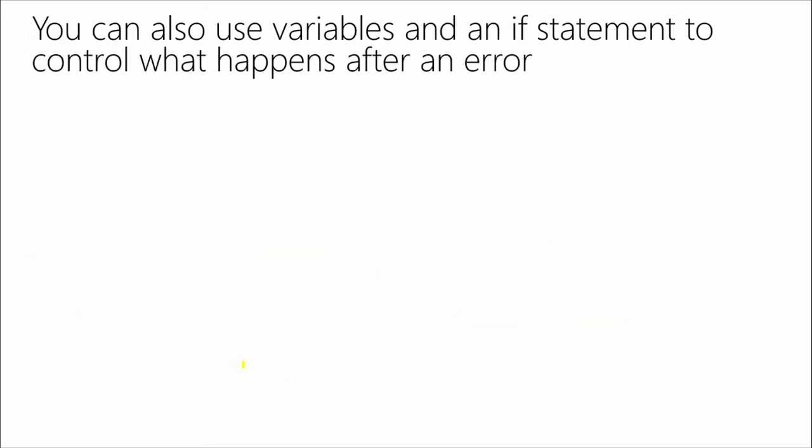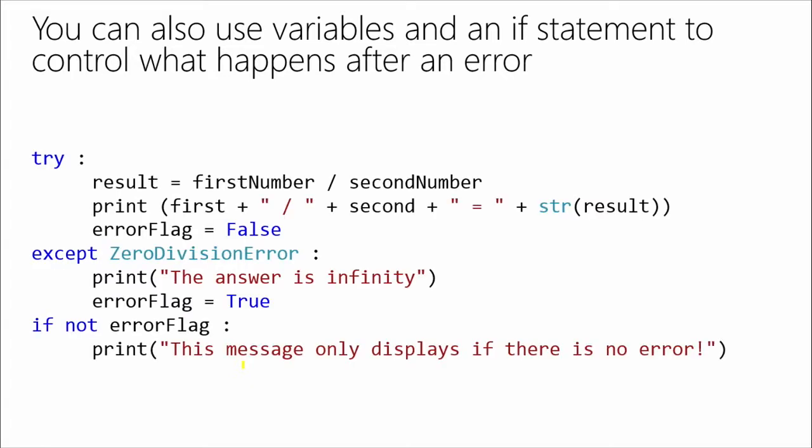The other thing you could do, I wanted to show an alternative way of handling an error or exiting, not executing certain code if an error had been raised. The other thing we'll sometimes do is create a Boolean variable and say, try running this code. If an error occurs, we set the Boolean variable to true. If it doesn't occur, everything went well, then we set the flag to false.